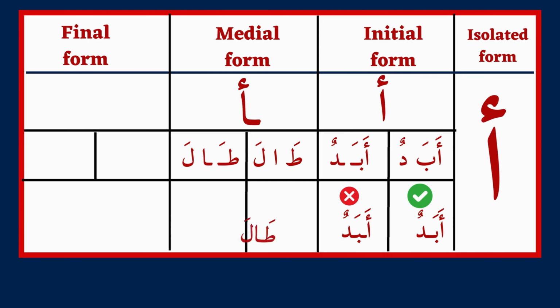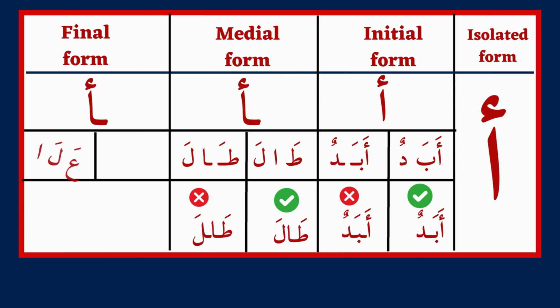The correct result is illustrated here, while the incorrect one is depicted here. Hamza in final form. When the letter ends a word, the rules applicable to it in the middle are also applicable here.